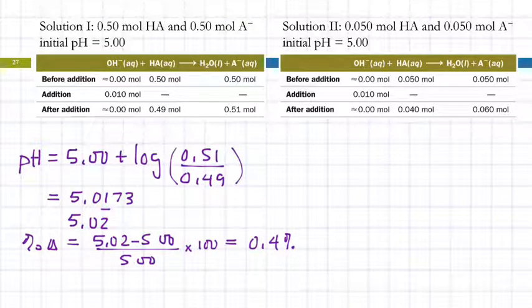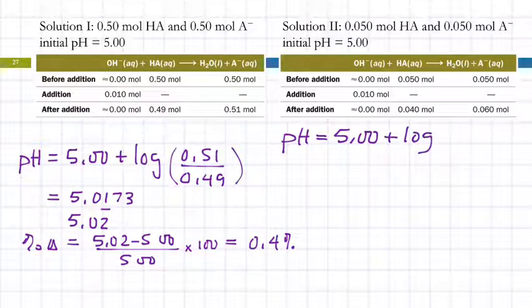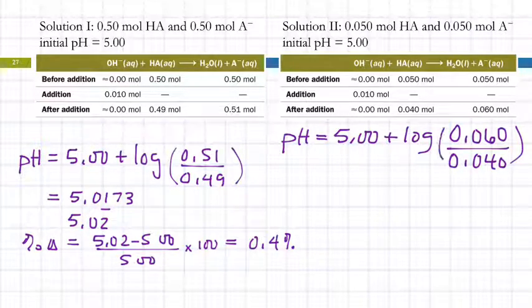Very small change. Over here we've got the same sort of table, just different starting concentrations, and so then the ending concentrations are going to be different as well, using that same equation. Remember, this equation can only be used when x is small. It does make things a lot faster.